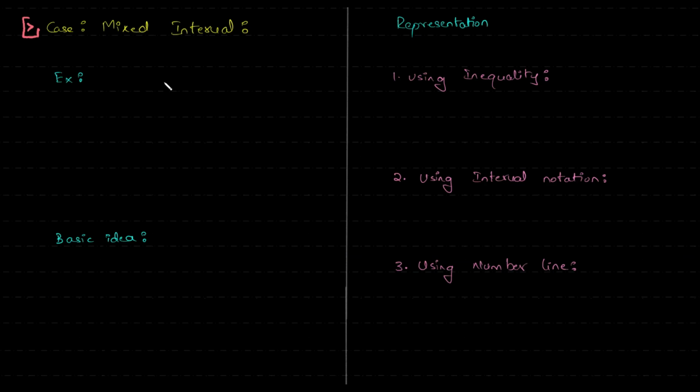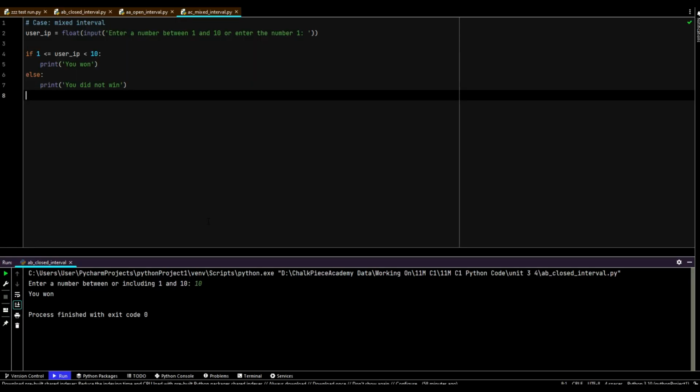So for example, we'll include number 1 and numbers between 1 and 10 but not 10. So the basic idea is this. I'll execute it over here.